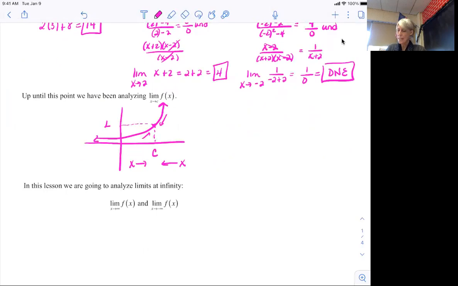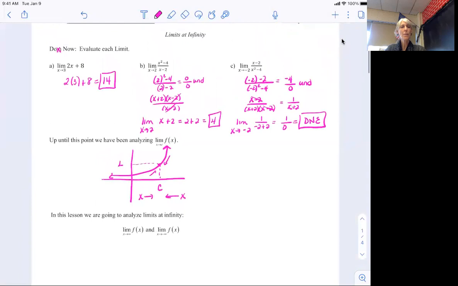Over the past couple of days, we've been describing those different situations. If you plug in a number and you get the answer, that's your limit right away. Sometimes we won't get an answer, but that doesn't necessarily mean that we don't get a limit. And sometimes we don't get an answer and we don't get a limit.